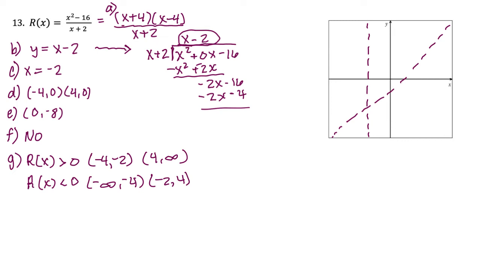And then we have -4, 0. So this is going to bend out this way. And then we had 4, 0. And then 0, -8. So there's our other one.